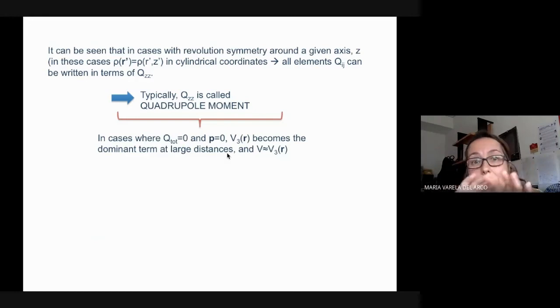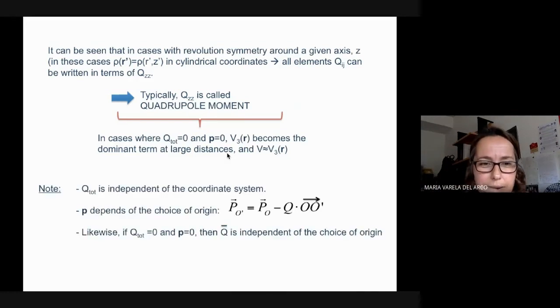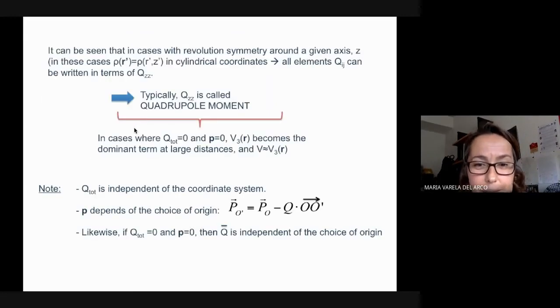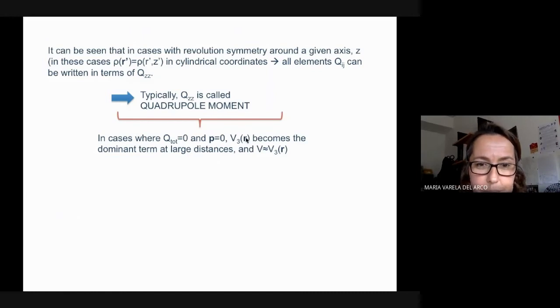Because in cases where we have charge distributions where the net charge is 0 and the dipole moment is 0, because there is no charge separation, like this number 8 problem that we had next, right here. There is no net charge, there is no net dipole here. Then V3 actually becomes the first component that captures some contribution to the electrostatic field that is not 0.